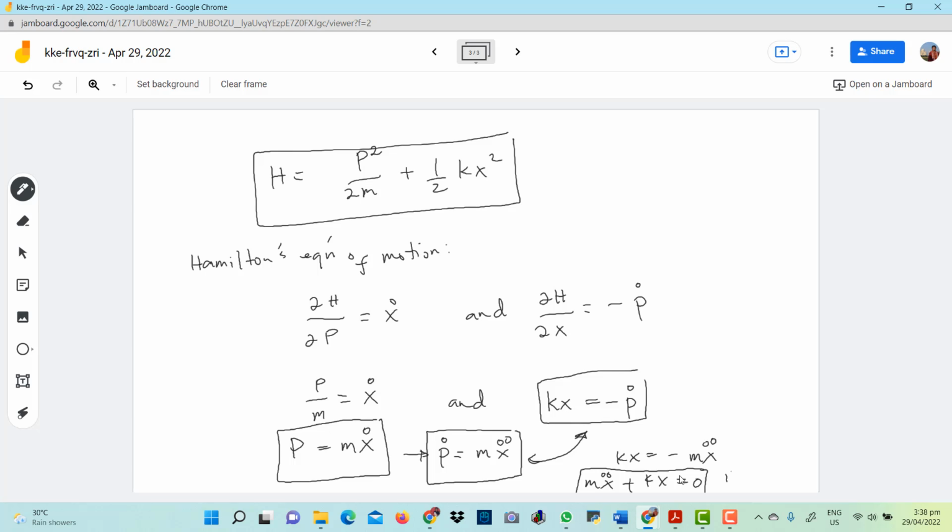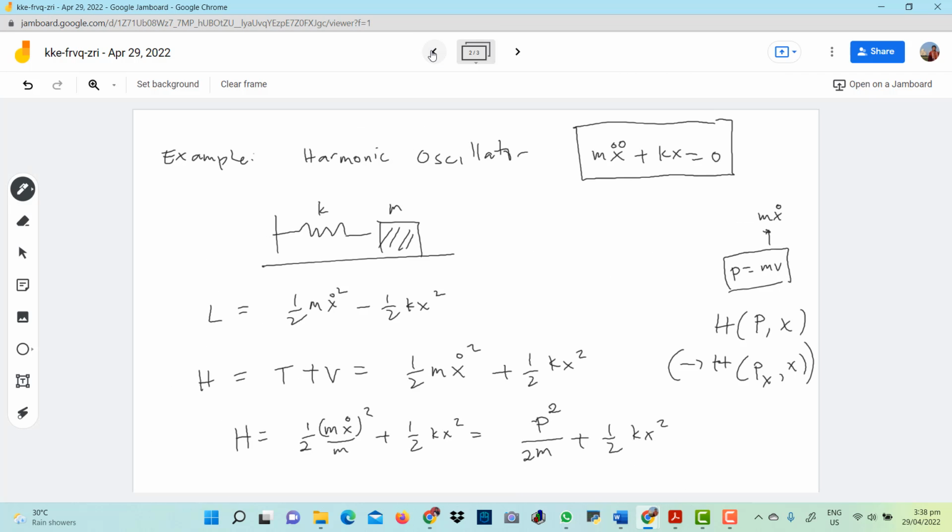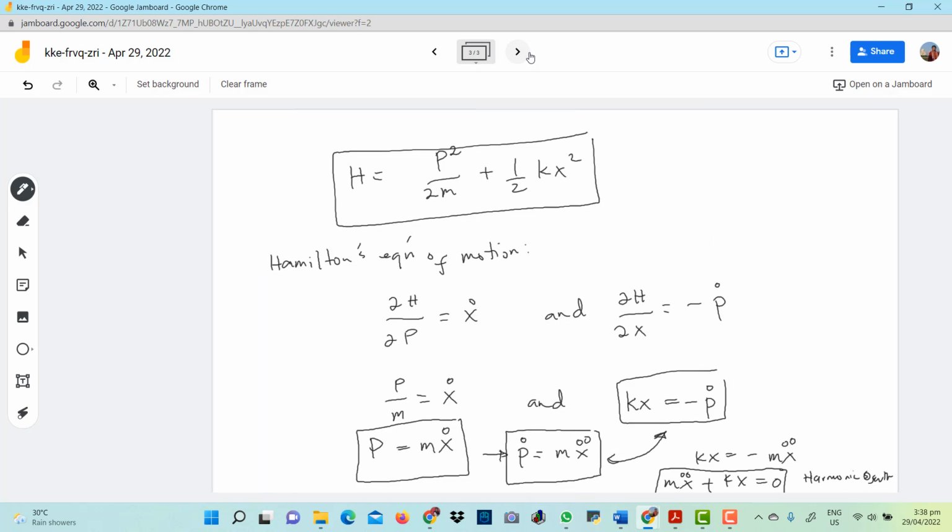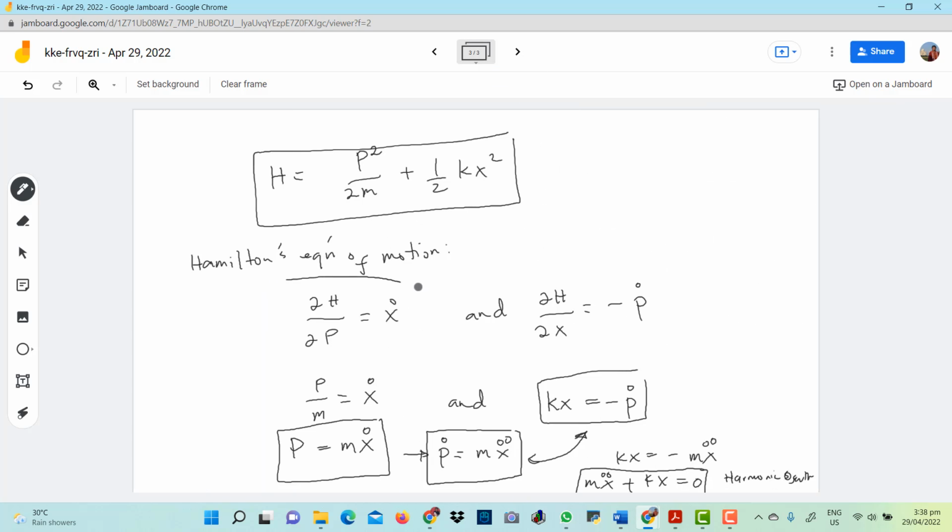So this will be your answer using Hamilton's canonical equations of motion. What you need to remember is first, you need to express h in terms of p and x, and then use the two Hamilton's equations of motion: partial h with respect to p is x dot, and partial h with respect to x is minus p dot.